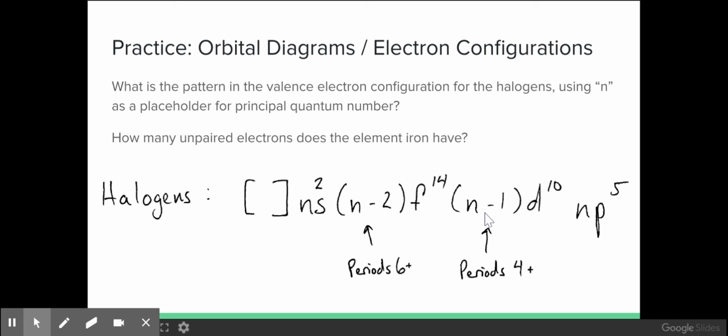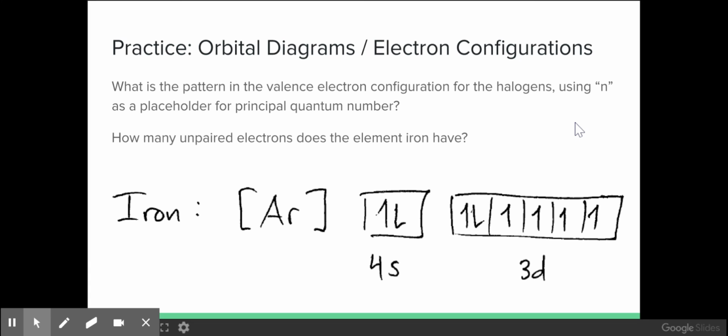For periods 4 and above, it's whatever principal quantum number we're in minus 1, D10. But if we're only in period 2 or period 3, then it would just be NS2, NP5. All of the halogens have an electron configuration that ends with P5.